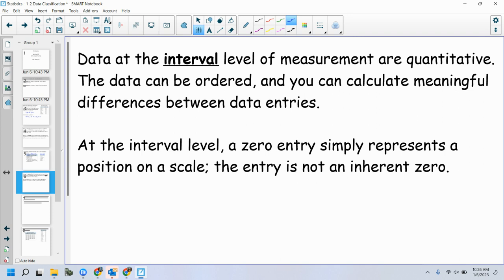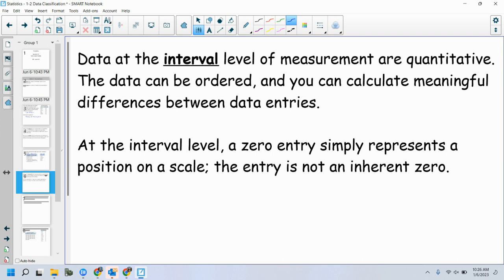Okay. So if I think about temperatures, temperatures is a good interval level, right? It's a good interval level because I can tell the difference from one day to the next, right? There's meaning to the difference between one piece of data and the next.